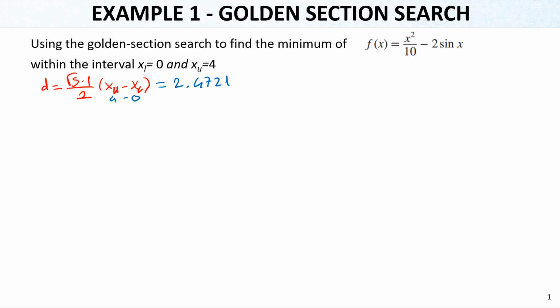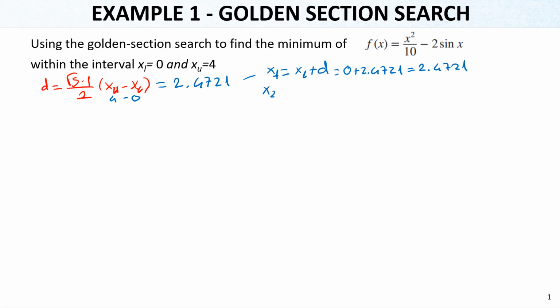Let's use this to find the two initial guesses. The first one is x1, and we are finding it by using xl plus d, which is 0 plus 2.4721, which means 2.4721.